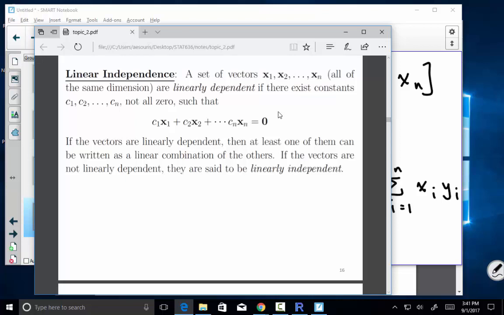But if you think in terms of, can I rewrite one of my vectors as a linear combination of the others? If individual 1 is exactly the same as individual 10, then obviously individual 10 is a linear combination of all the variables: 1 times individual 1 plus 0 times everybody else.